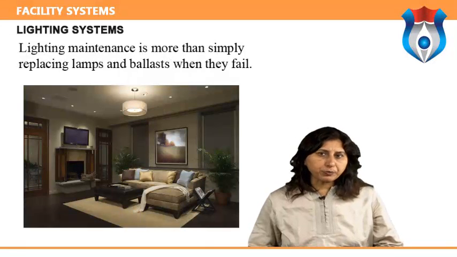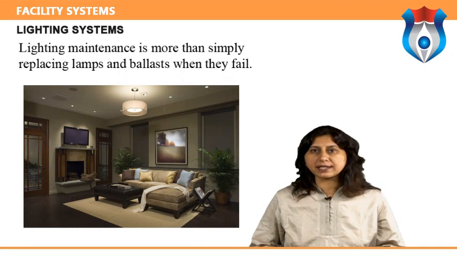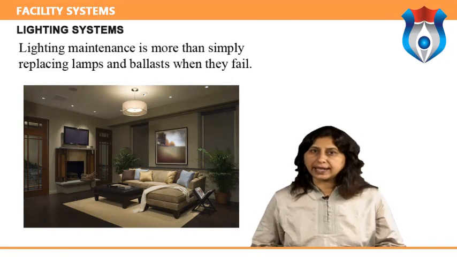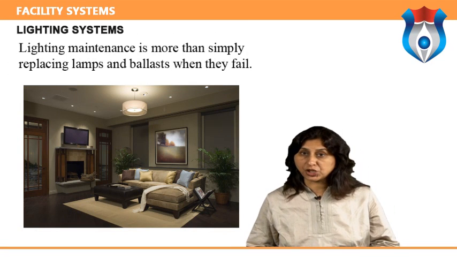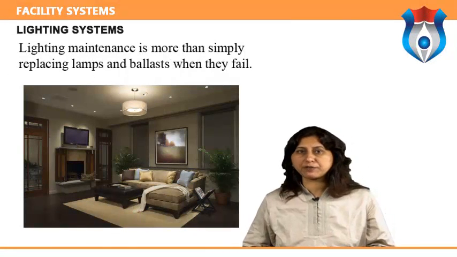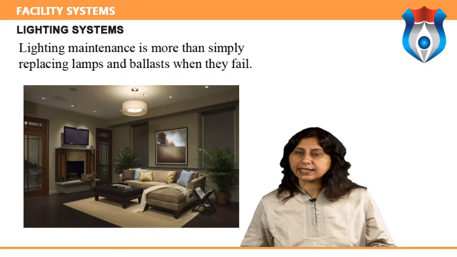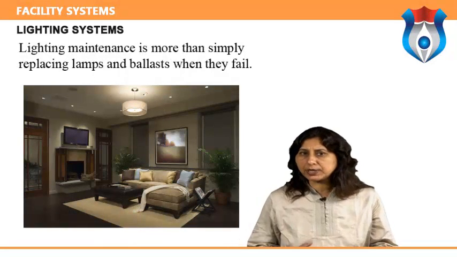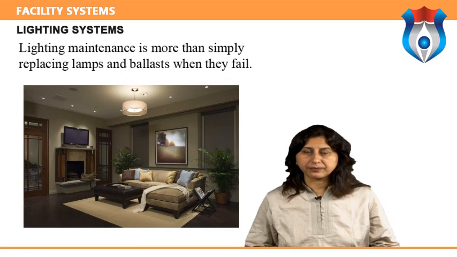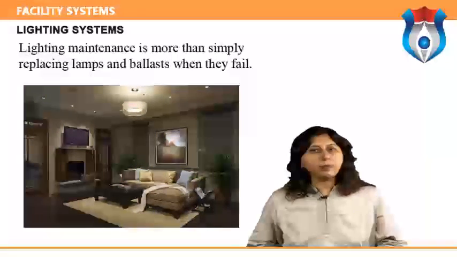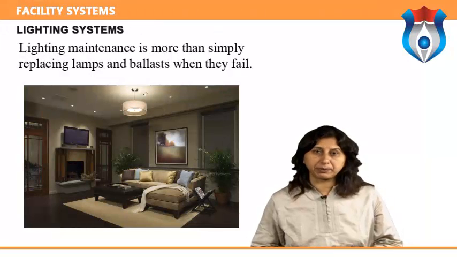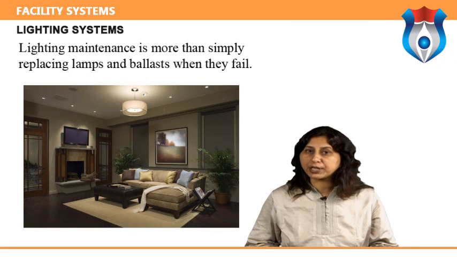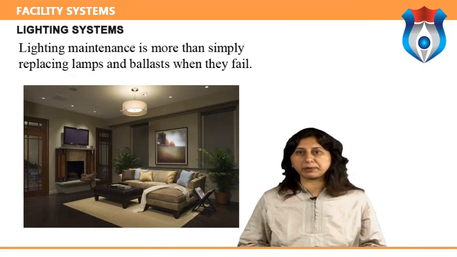The light output of our luminaires decreases with age and use, yet the energy input remains unchanged. Our eyes are extremely adaptive to gradually changing lighting conditions. Most occupants do not notice the gradual decline in light levels. Eventually, however, the reduction will affect the appearance of the space and the productivity and safety of the occupants.